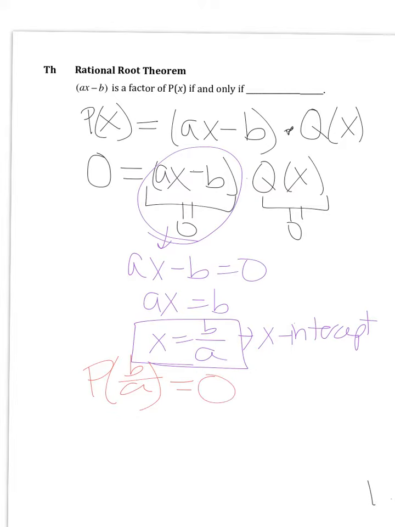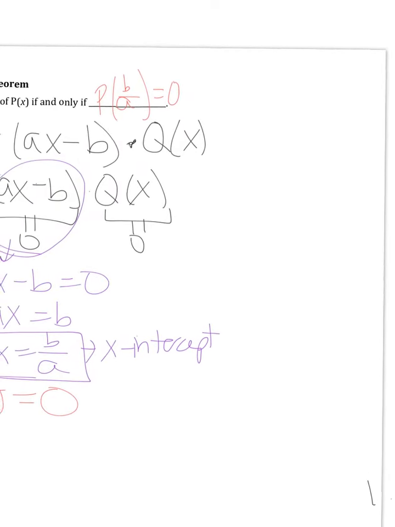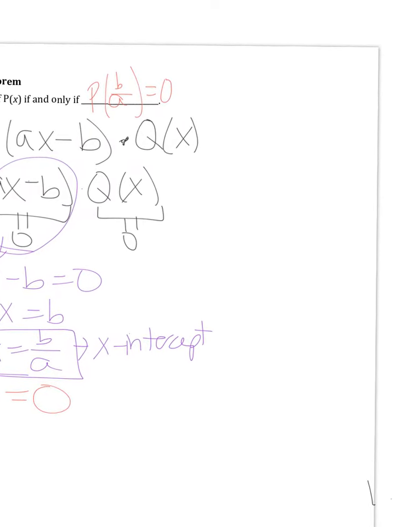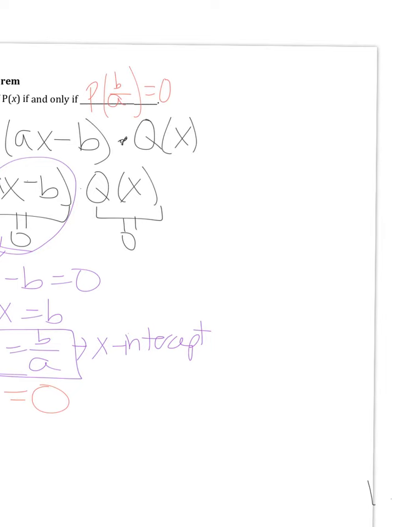So ax minus b is a factor if and only if, when you evaluate your polynomial at b over a, it equals 0. In other words, it's an x-intercept. So this is going to be useful for us because if we find one x-intercept, we can factor it out and start factoring the equation. So let's start our first example.